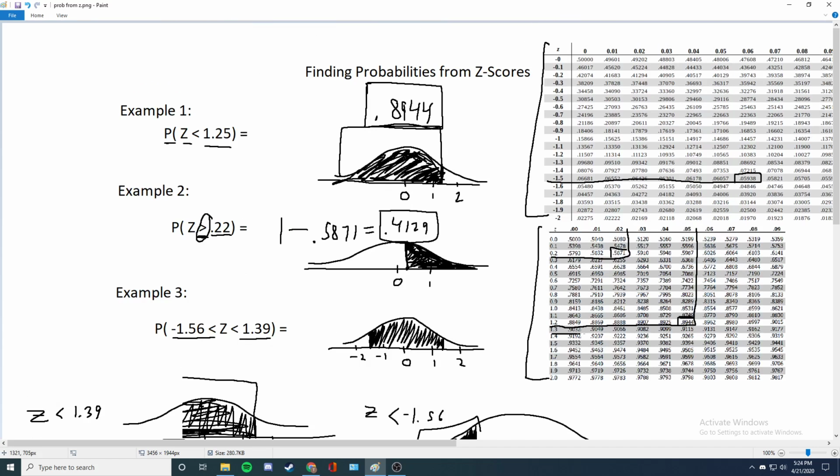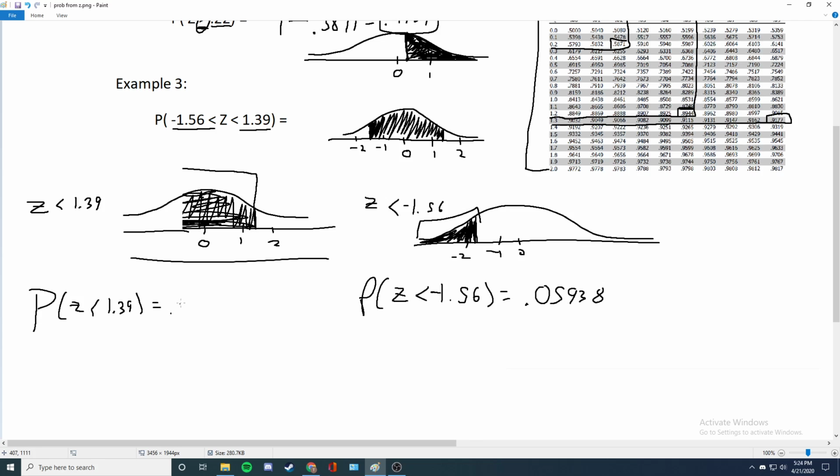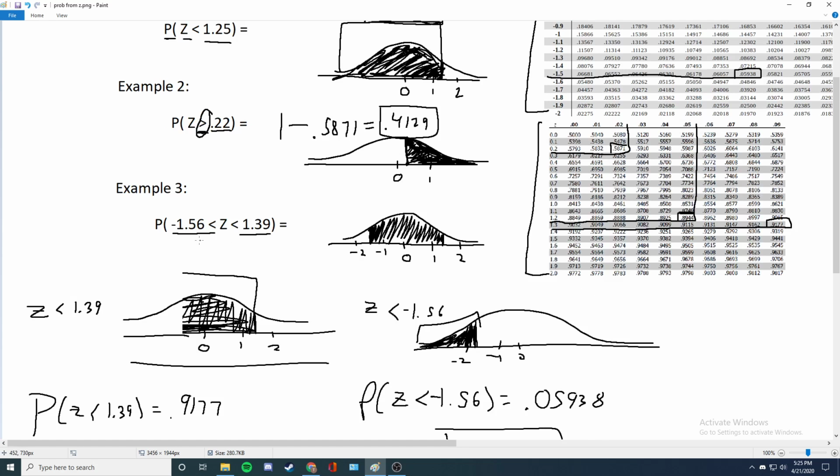We get 1.3 all the way over to 9, just 0.9177. Now, to find our final answer, we take 0.9177 and subtract 0.05938, which I can't do in my head quite yet. That gives us 0.85832. This is the area in between those two z-scores.